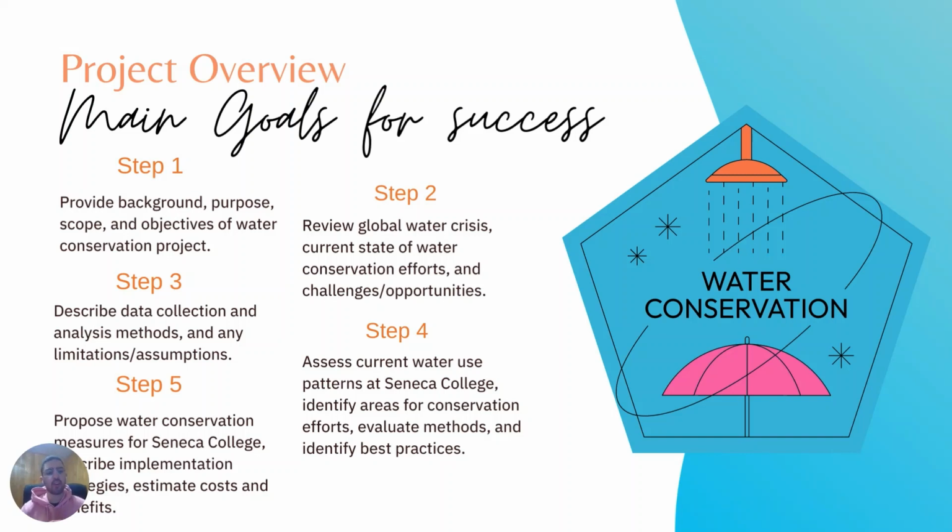Step 4, assess current water use patterns at Seneca College, identify areas for conservation efforts, evaluate methods, and identify best practices. Step 5, propose water conservation measures for Seneca College, describe implementation strategies, estimated costs, and benefits.